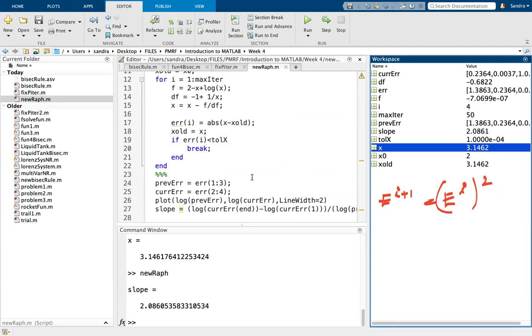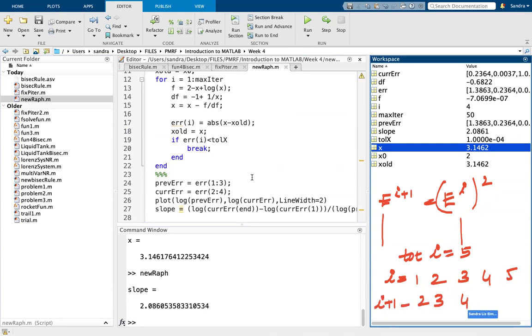What you have to do is create a vector. You take all the i plus 1 iteration errors, and you also take the i iteration errors. For example, if you are running 5 iterations, so total i is equal to 5, you have iterations i is equal to 1, 2, 3, 4, 5, then your i plus 1 will be 2, 3, 4, 5.